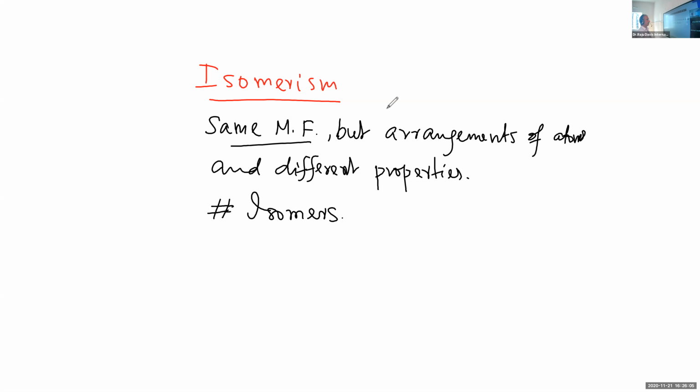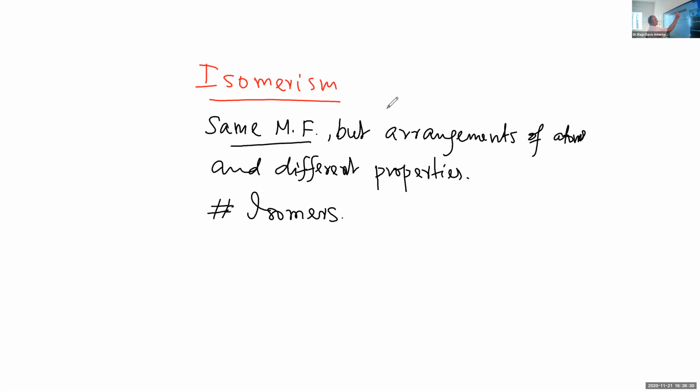These are different compounds. So different compounds with the same molecular formula and different properties are known as isomers.